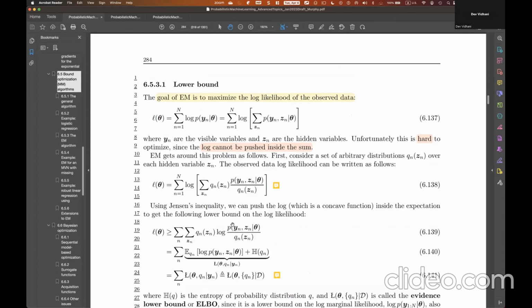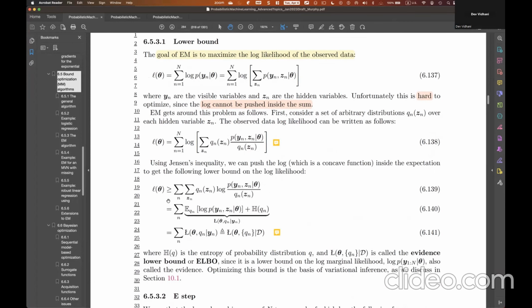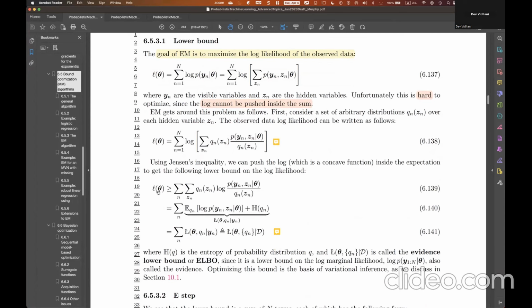We transform this function, using Jensen's inequality, so that we find a lower bound on it, which we call the evidence lower bound, by using these transformations. But along the way, what we have done is to define Qn, which is the distribution for these z's that we are estimating over here.